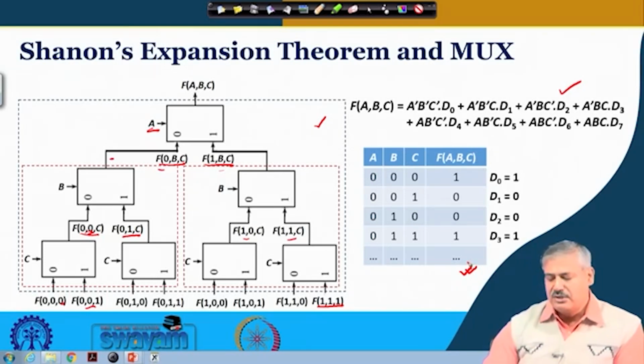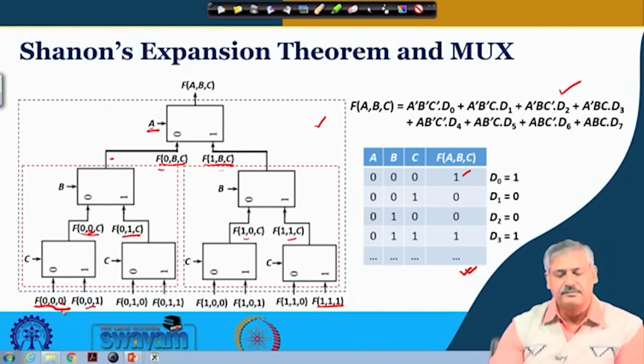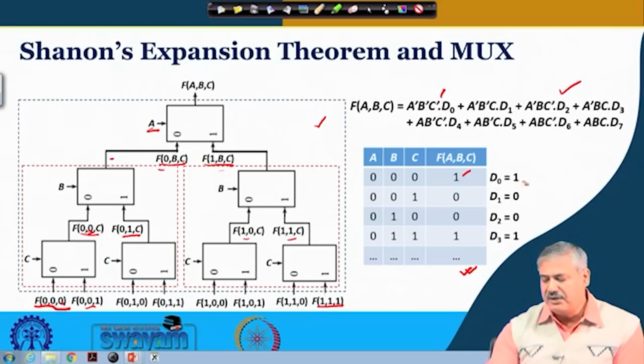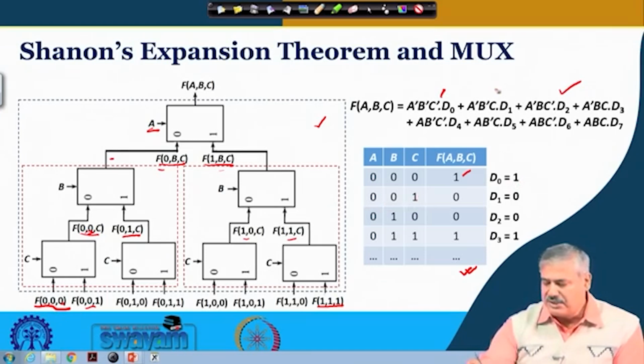Wherever there is a 1 in the truth table, for F000, there is a 1 over here, so we put the corresponding D0 value as 1. For 001, this is the corresponding term, and we see the truth table output in this place is 0, so we put D1 as 0.